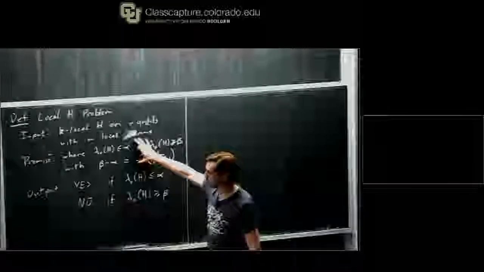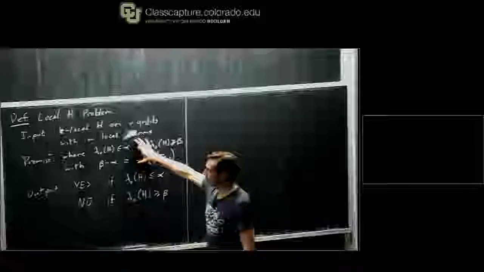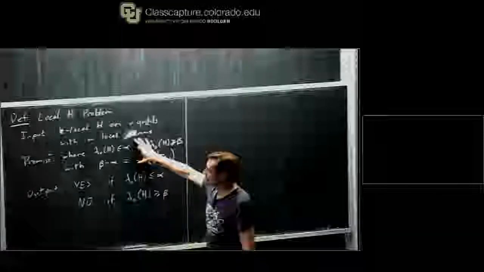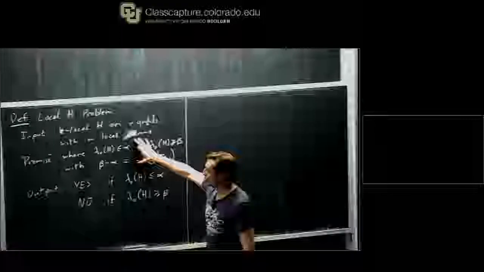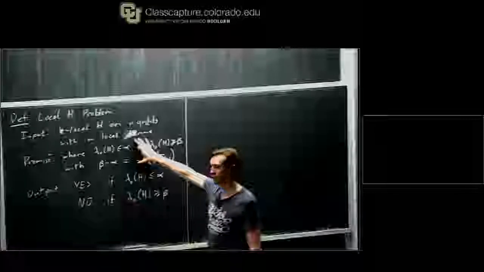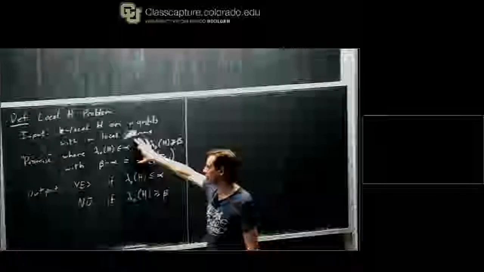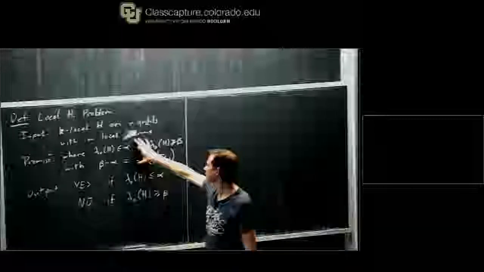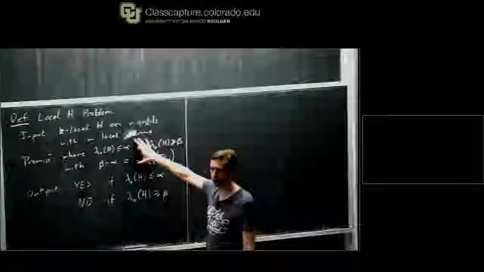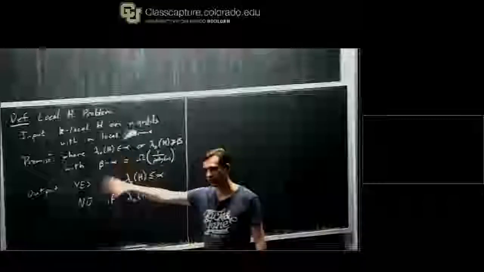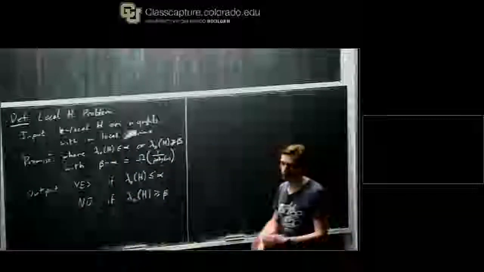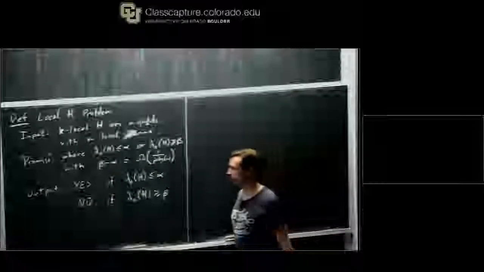One way is that we're only trying to compute a partial function here. If the minimum eigenvalue happens to lie between alpha and beta, we just don't care what the answer is. We don't care if the answer is yes or no. Output whatever you like, or run forever, or whatever. It doesn't matter.